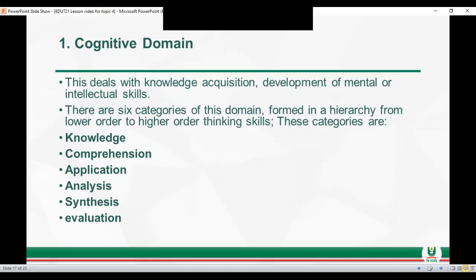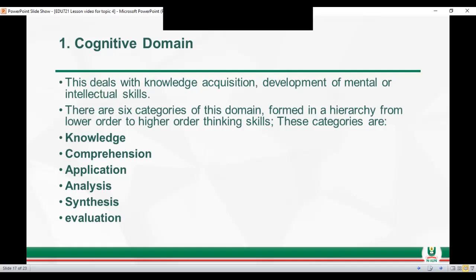Then the next level, comprehension. This is the second level in cognitive domain. It is at this level that the learners learn to understand, comprehension. They learn to summarize, they can rewrite.